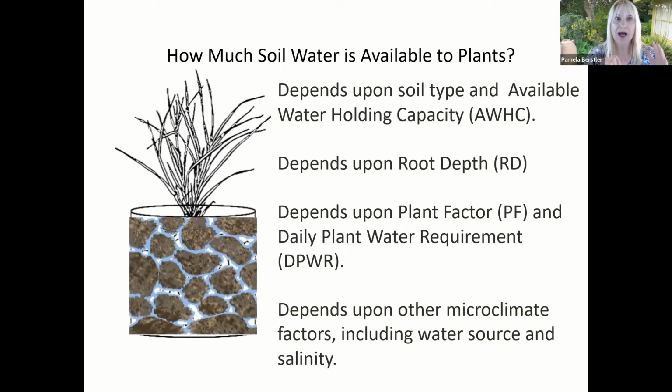And also, how long is going to be the time between the events that we apply water to the plant, and how much time is required to run the irrigation system to apply the water that we want to apply when we're ready to apply. So it's a quantity of water and a time issue.